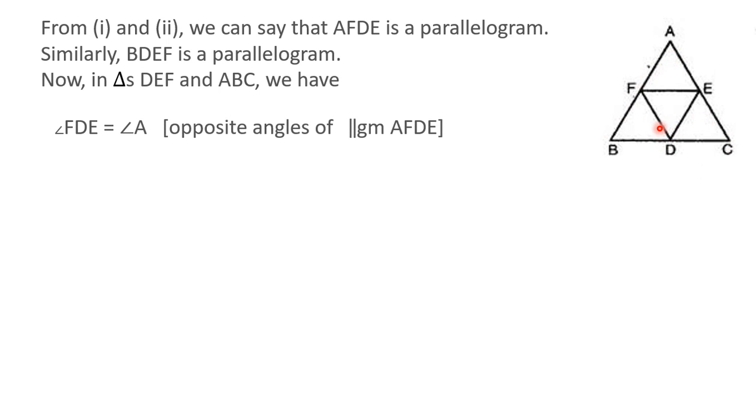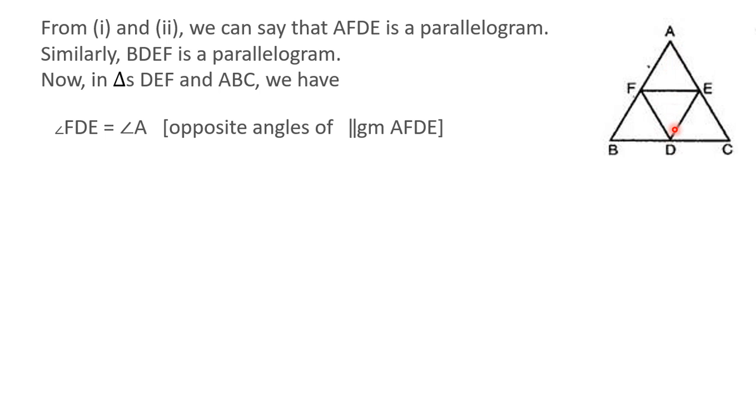Now, in these two triangles, angle FDE, this angle D in the small triangle, is equal to angle A, as we have found out that AEDF is a parallelogram. So A and D are the opposite angles of a parallelogram and they are equal.